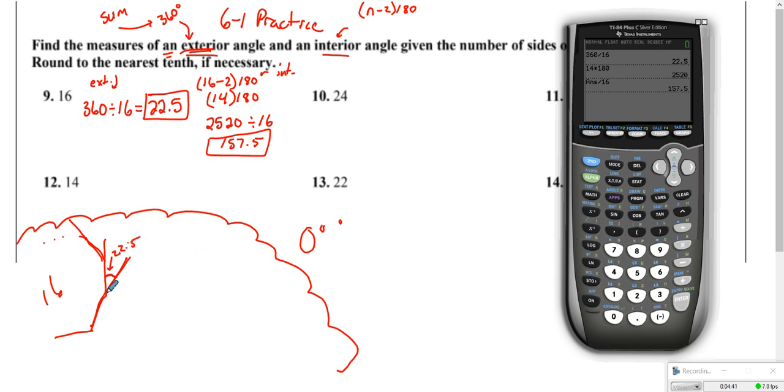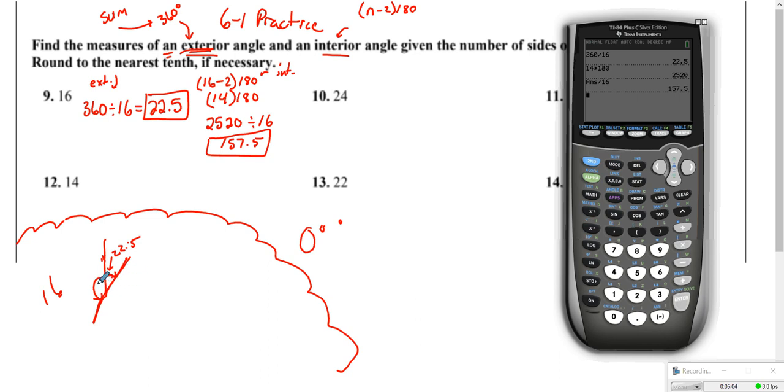But now wait a minute. If I mentally just ignore, now if you're like, what is he talking about? Don't worry about it. If I just ignore everything except this one exterior angle, and I know it's 22.5, wouldn't an interior angle just be the rest of this line?